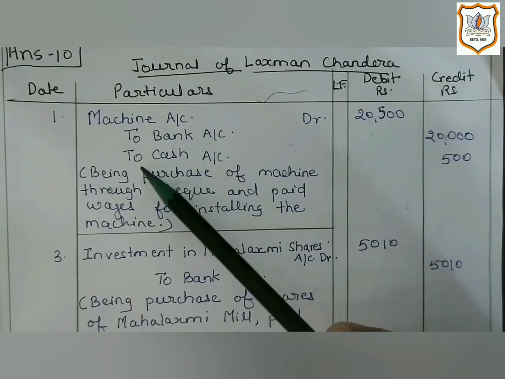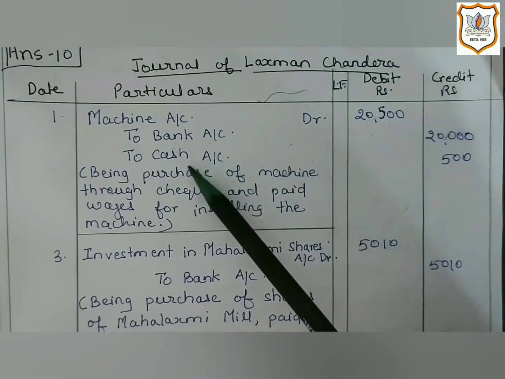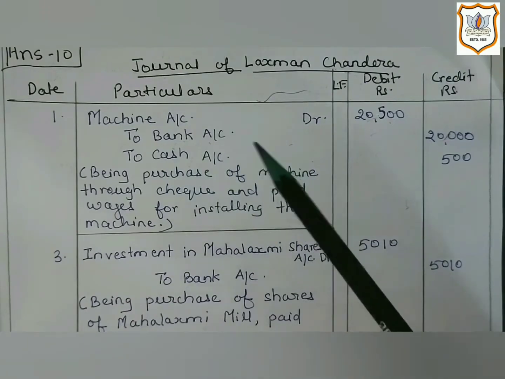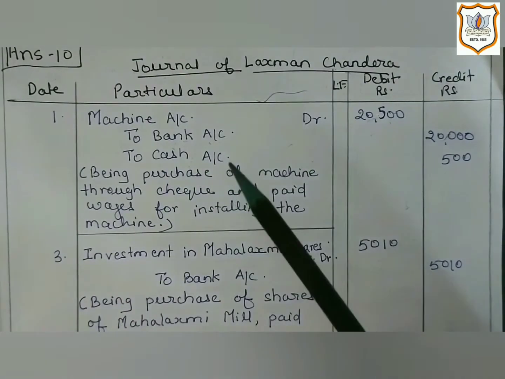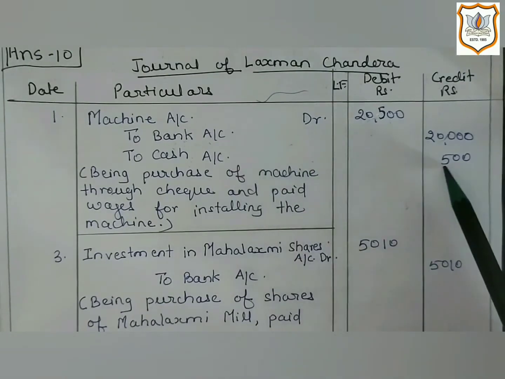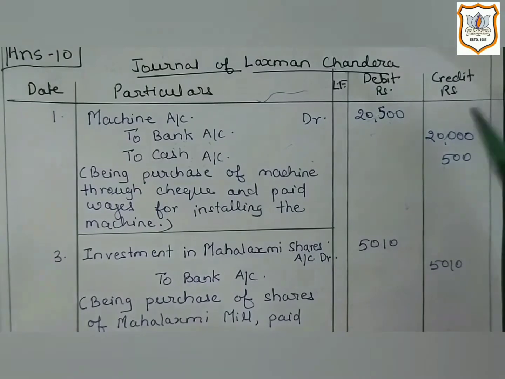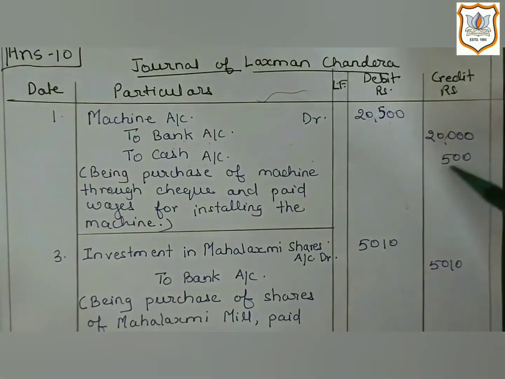Now, cash account. Cash account is also credited here because the owner has paid an expense, that is machine installation expense rupees 500. So here cash account will be credited. Generally we assume that a small amount is paid through cash only.